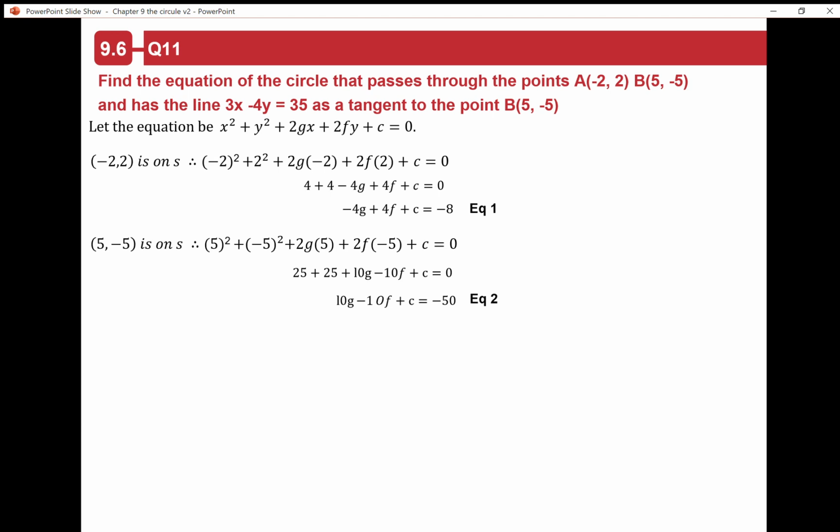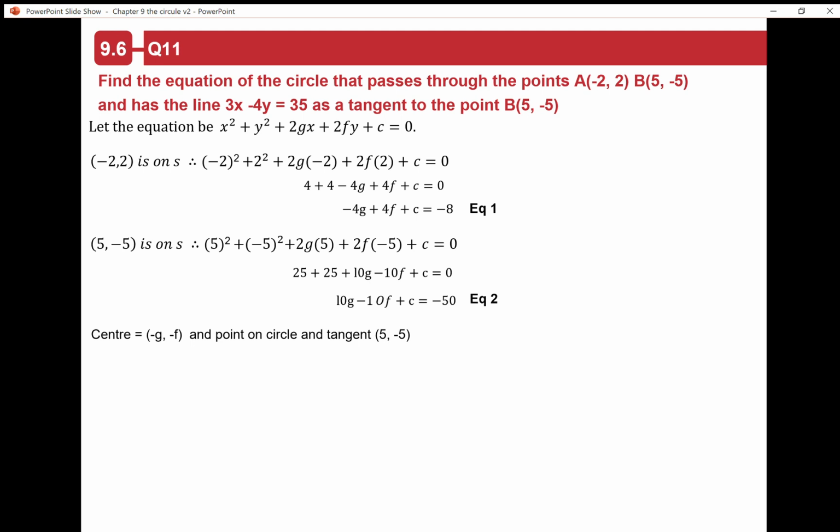Now we need to use the information given to us to make a third equation that has g, f and c in it, or at least two of those variables. So what do we know? Well, we know that the center of our circle will be minus g, minus f.